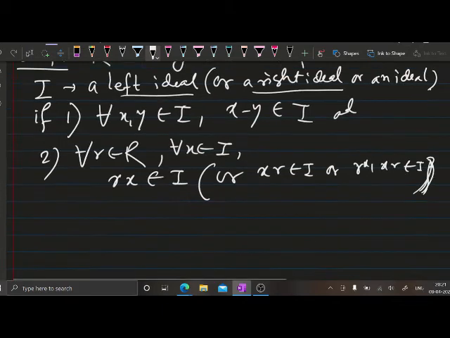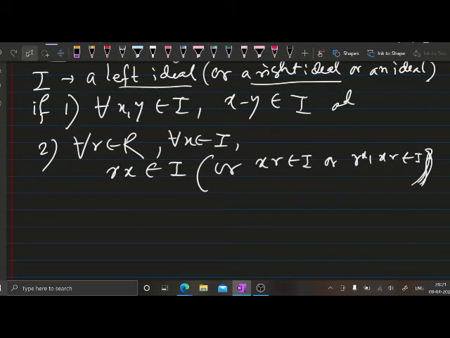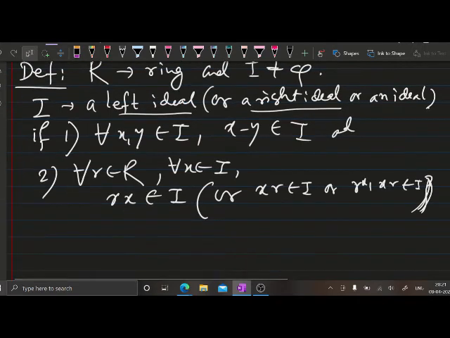So in this way you can define left ideals, right ideals, and ideals. Now in a commutative ring, you do not need to treat the two concepts, left ideals and right ideals, separately, because in a commutative ring xr and rx are both the same.